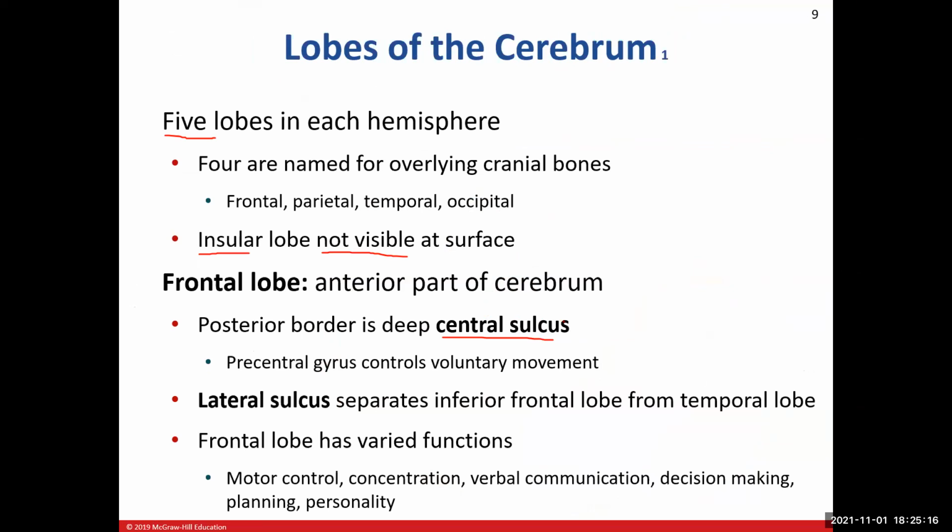So in our frontal lobe, and you need to know these different functions, primarily all your higher thought processes occur there. Motor control, primarily when we're talking about voluntary motor control, right? Anything that's going to affect skeletal muscles. More on that in a moment, okay? So any thought processes, that includes concentration. Me talking to you right now, I am exercising my verbal communication, right? The area of the brain, which we'll talk about in a moment, is called Broca's area.